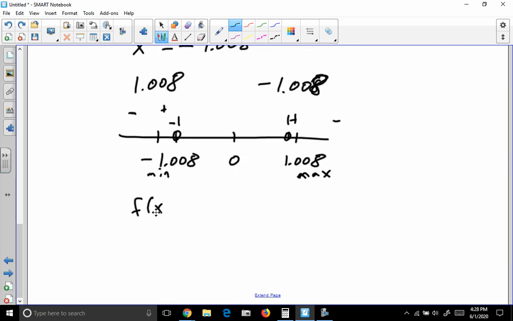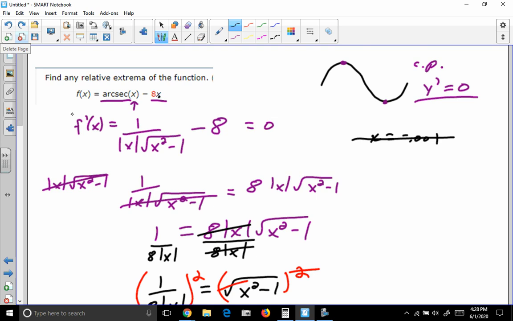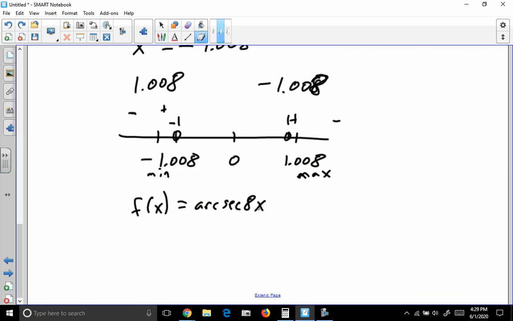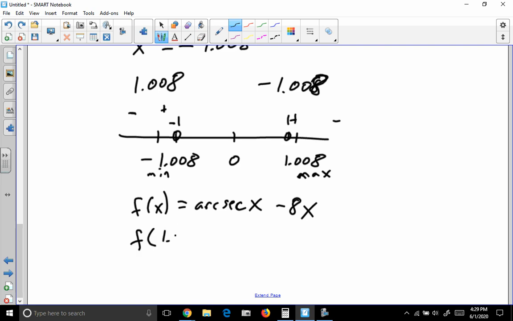So if our function is arc secant x minus 8x, if we have a particular x value, we plug it in. So if we put in 1.008, we need arc secant of 1.008 minus 8 times 1.008.